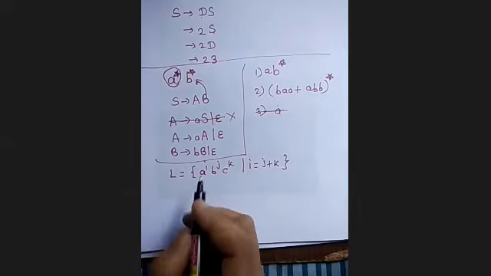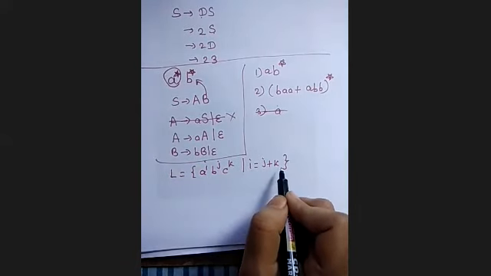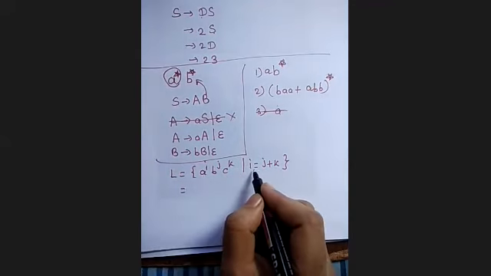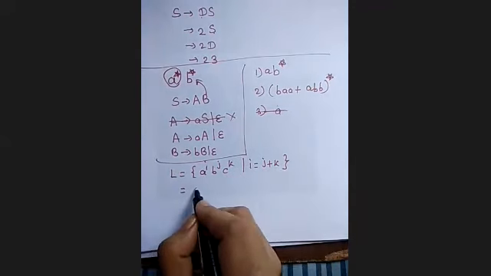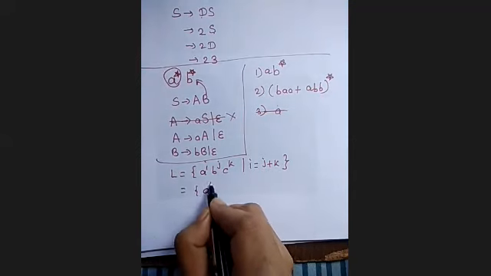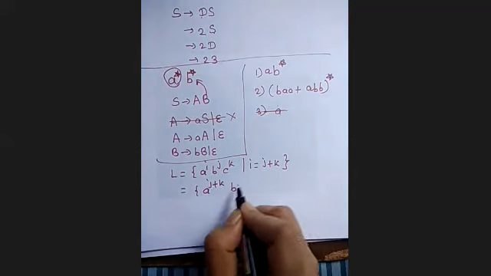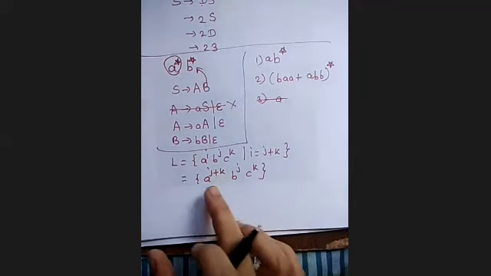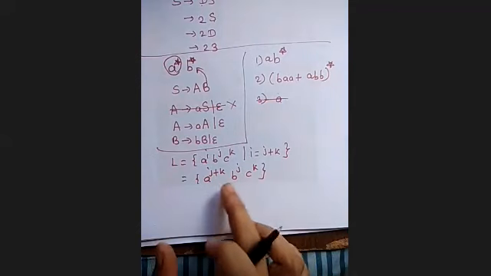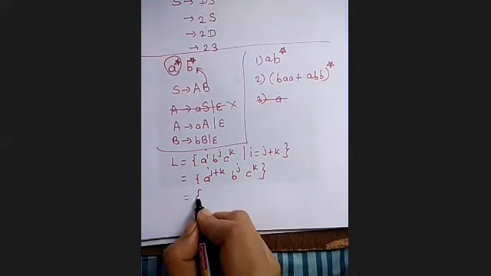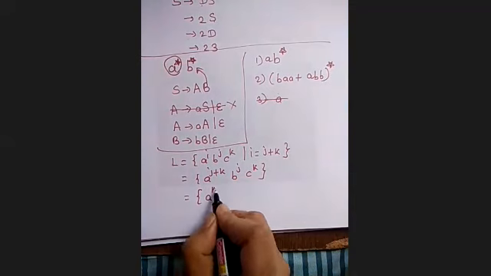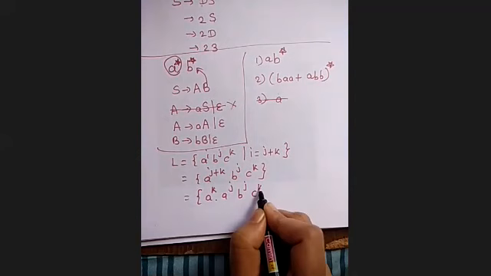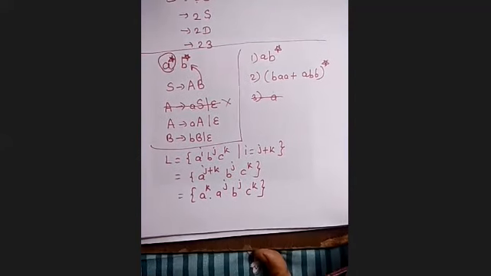I is J plus K. So we'll substitute J plus K for the I. We'll get A to the power J plus K, B to the power J, C to the power K. Then let us separate it: A raised to K, A raised to J, B raised to J, C raised to K. So now it is simple.